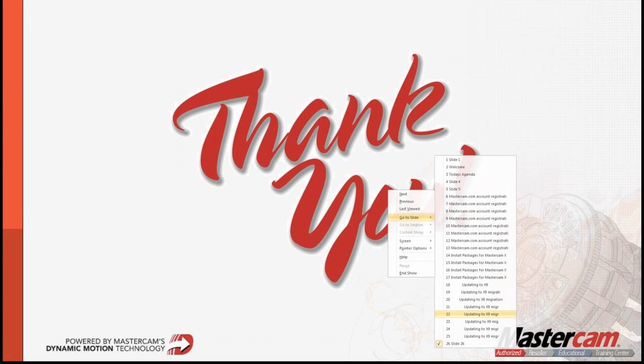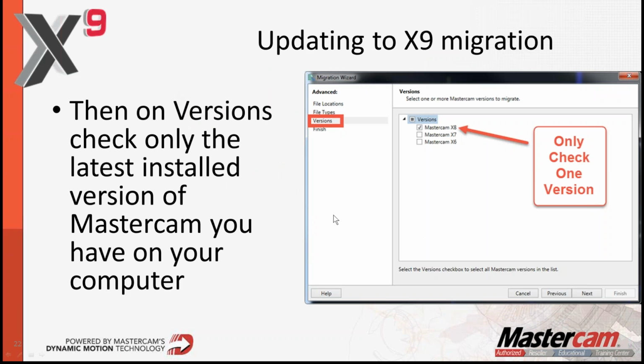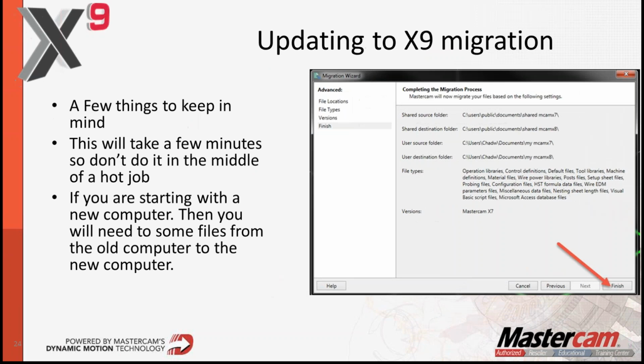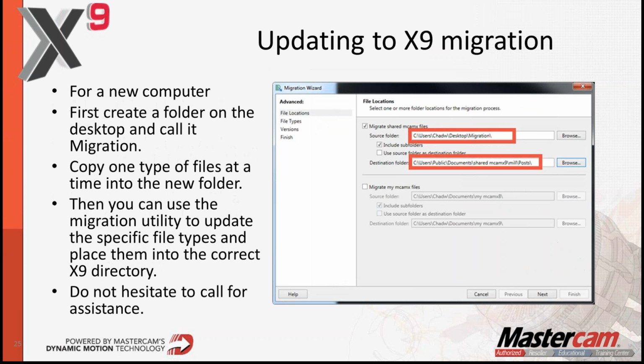I'll just elaborate on that a little bit. When you install, really any Mastercam version, but when you install X9, it is its own independent installation. It's not an upgrade of what you currently have. So it's going to install in its own new folders, and then it's just going to make copies and updates of your configuration files.